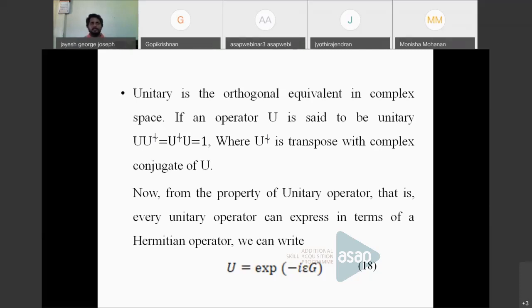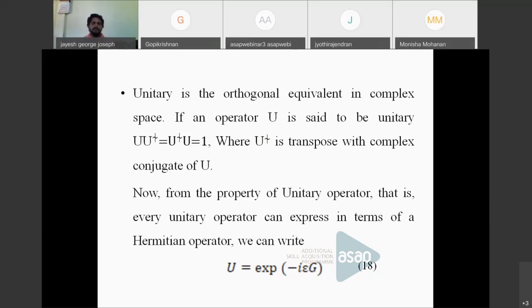Because the matrix U may be complex, when we take its U dagger, we take the transpose along with the complex conjugate. In the case of a real space, it is limited to the transpose, because all elements are real values.